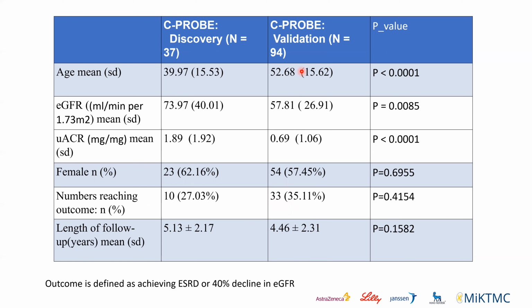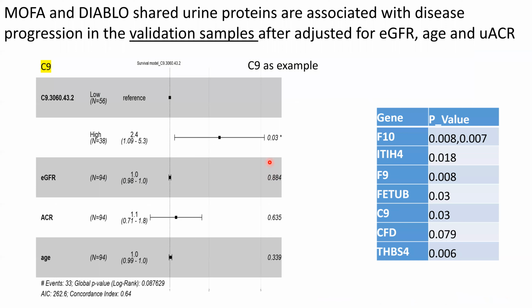Patients in the independent samples are older and have lower eGFR and lower UECR. From this first plot, you can see that the urine proteins shared between MOFA and DIABLO are associated with disease progression in the validation samples after adjusting for eGFR, age, and UECR.